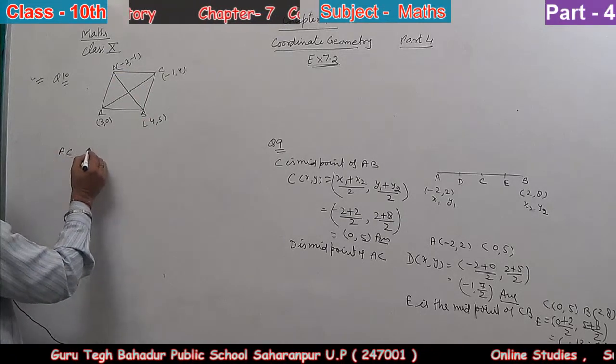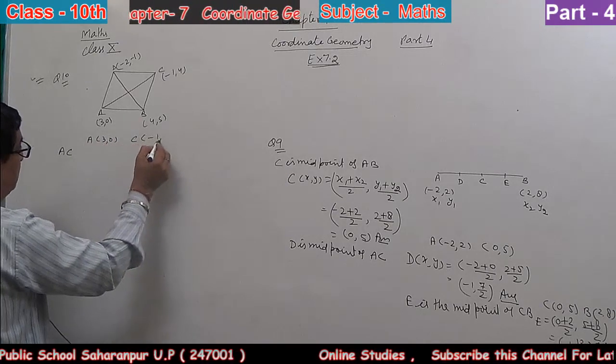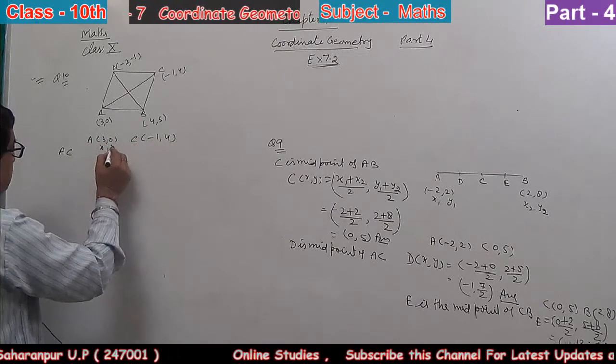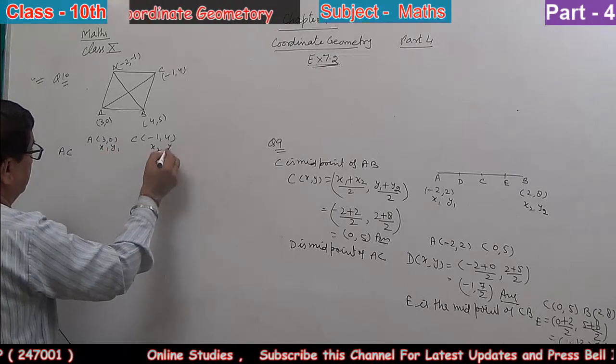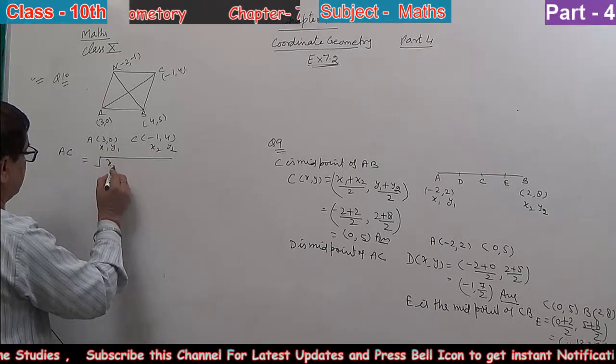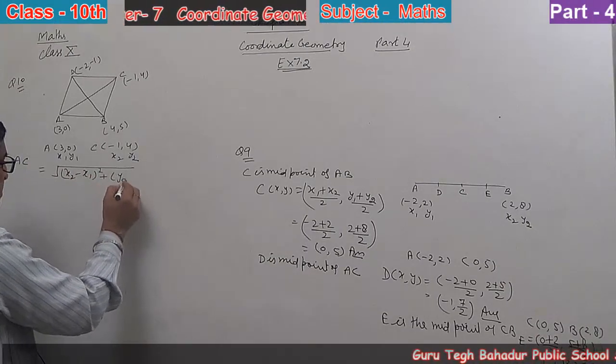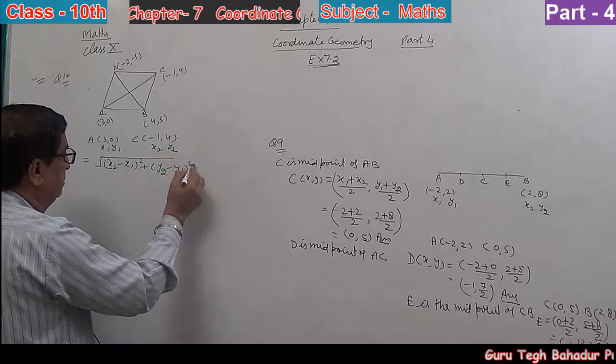AC: A is (3, 0), C is (minus 1, 4), this is x1 y1, x2 y2, and AC is the square root of (x2 minus x1) whole square plus (y2 minus y1) whole square.